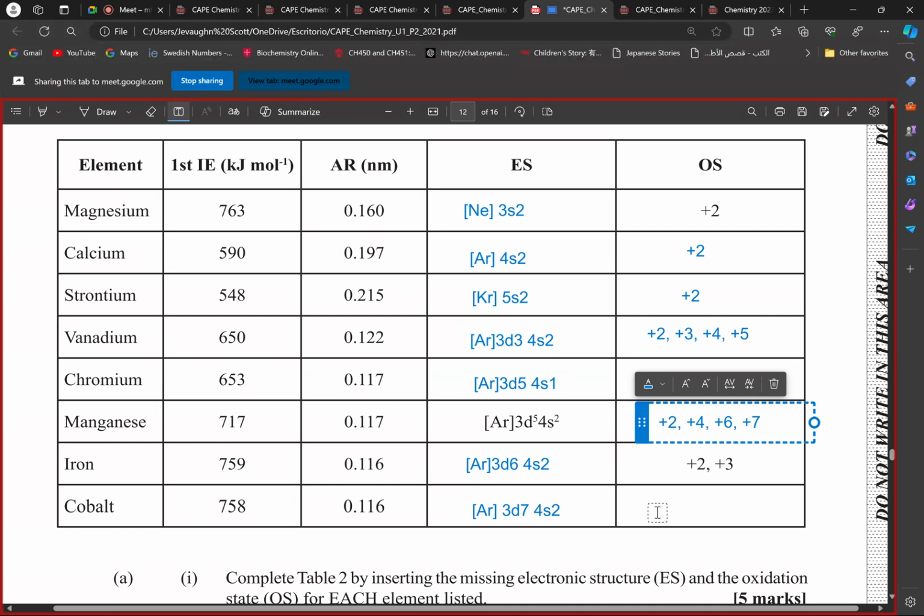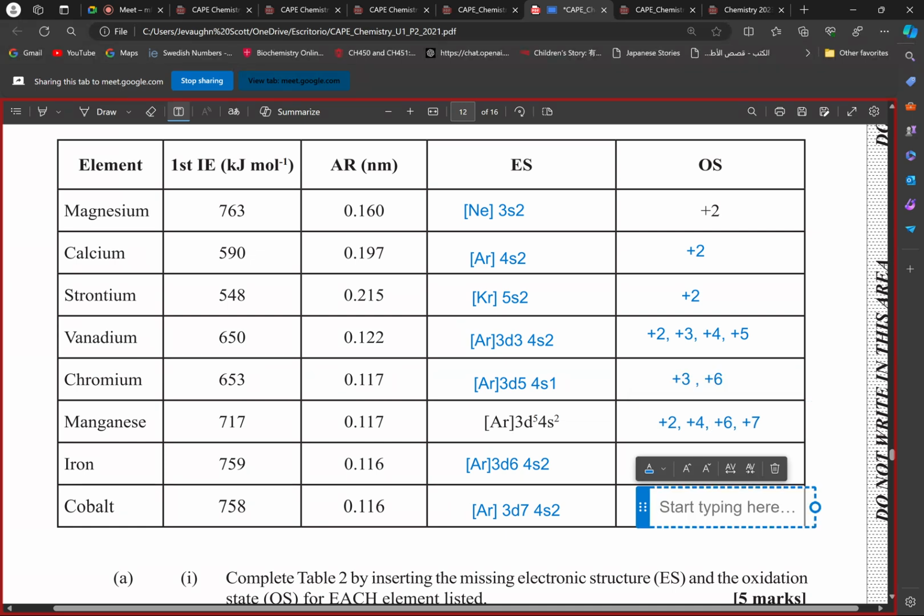And cobalt, what are the normal common oxidation states of cobalt? +2 would be a normal oxidation state for cobalt. I don't think there are going to be many different oxidation states for cobalt that they wanted to put here.